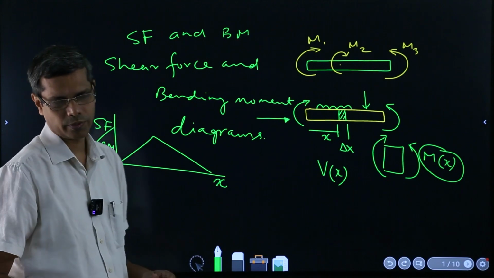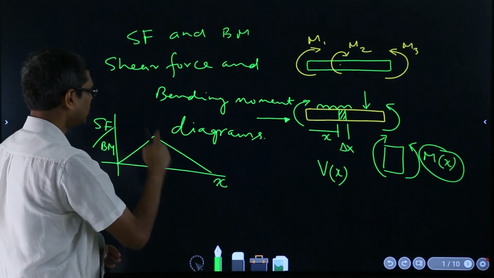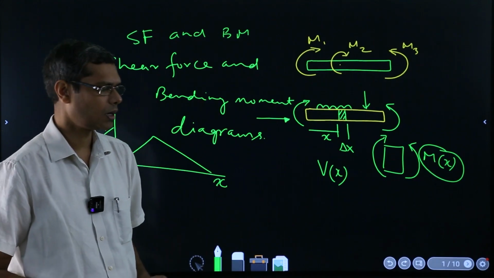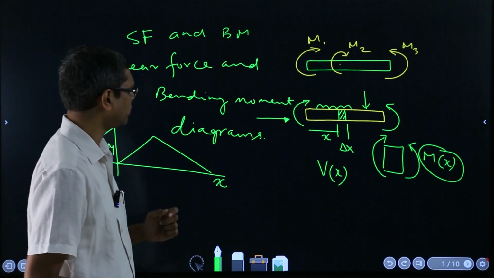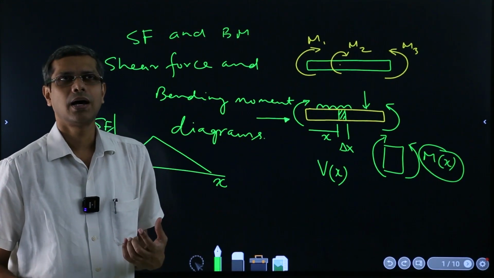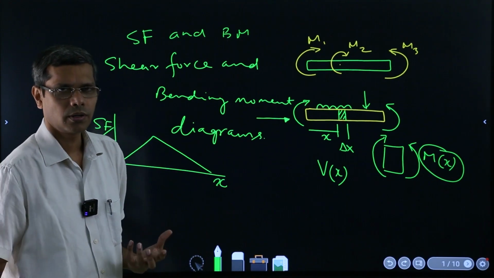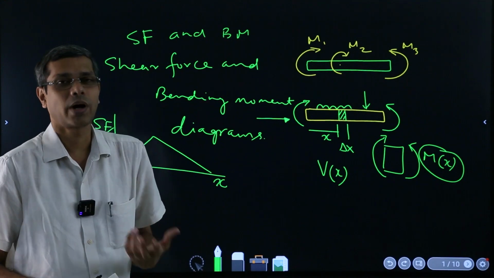The bending moment means the moment which is trying to bend the beam at that particular location. So this is the point of discussion for this segment. And I would just like to point out that this is one such concept where how to draw it is as important as why to draw it.